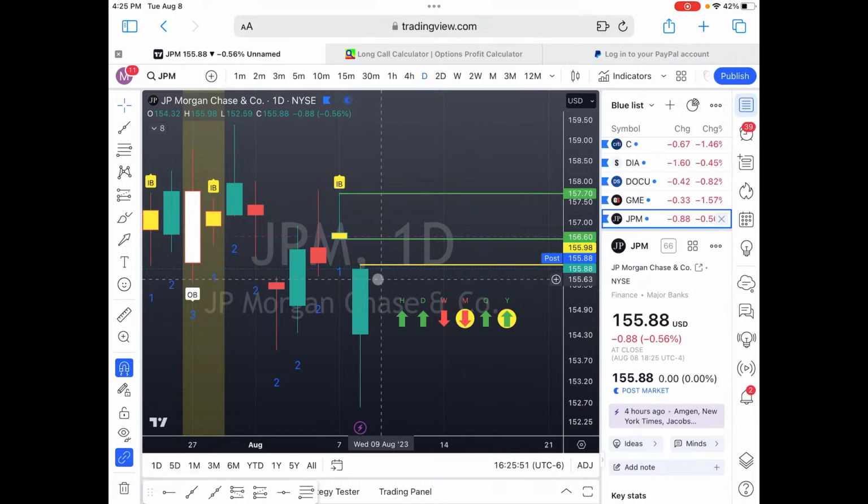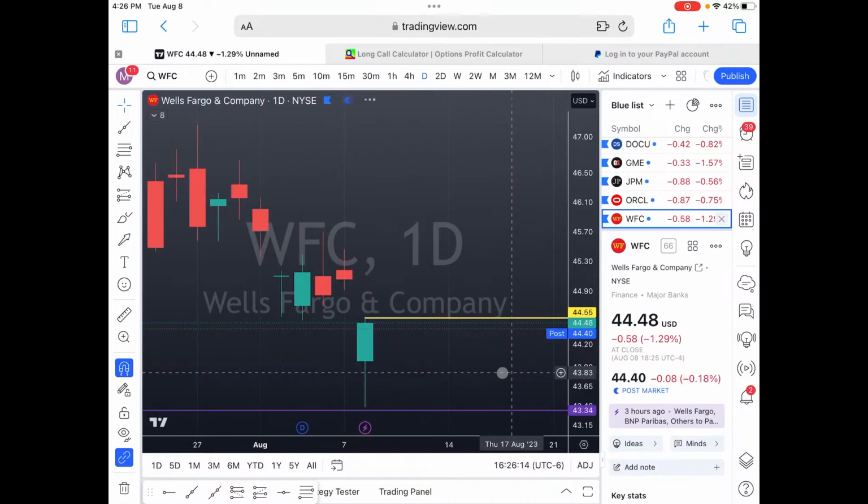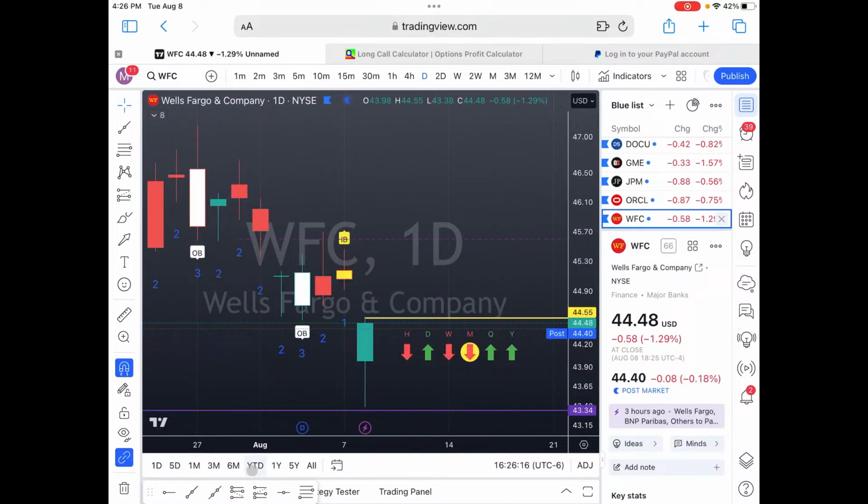JP Morgan, okay, 2 down green, not quite a hammer candle. Need that wick to be longer or the body to be smaller. Trigger at 155.98. First target, like we talked about, fill the gap, bottom of the candle. Next target, top of the candle. Oracle, 2 down green, 122 Rev Strat, back to the upside. Calls at 115.61. Wells Fargo.